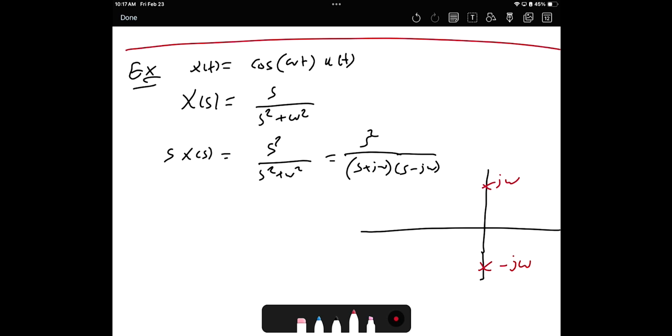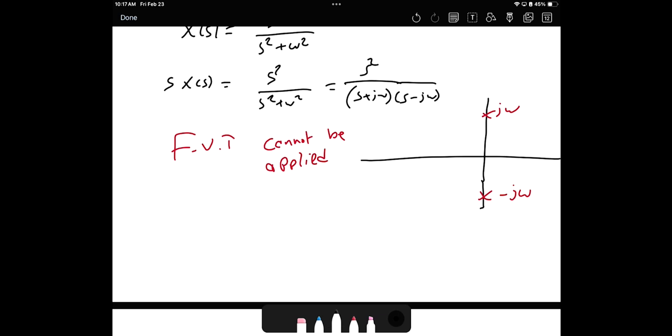Once these are located on the imaginary axis, this means the final value theorem cannot be applied, because they are not on the left half plane. We need to be exactly on the left half plane, while if they are on the imaginary axis, it will not work.